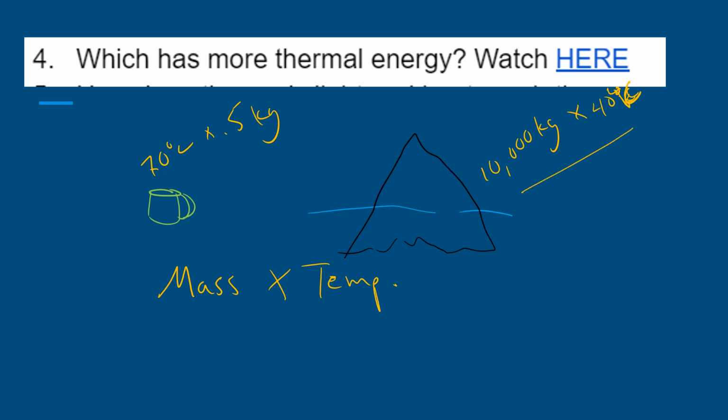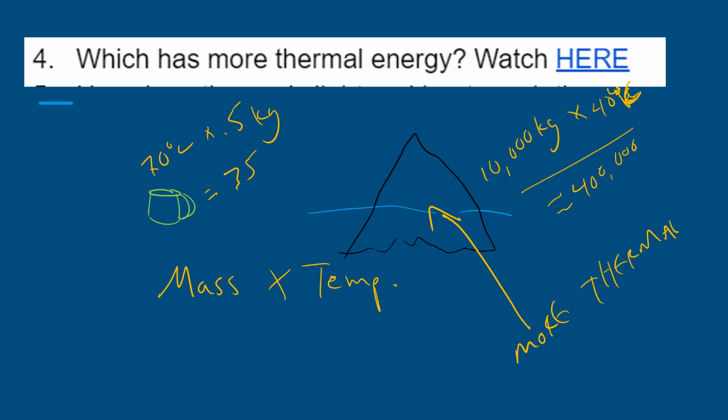So over here, your number is going to be something around 400,000, whereas over here you're going to have like 35. So in this situation, even though the iceberg is colder, it's going to have more thermal energy. Okay. And again, you've got to think about how you want to put that into a sentence and make sure you tell me why it is true.